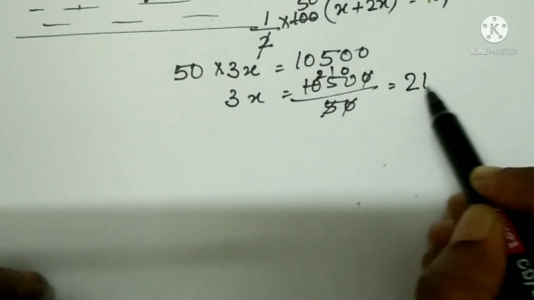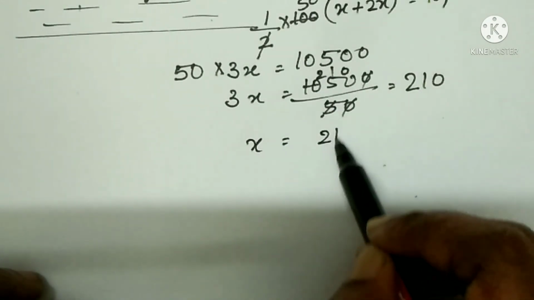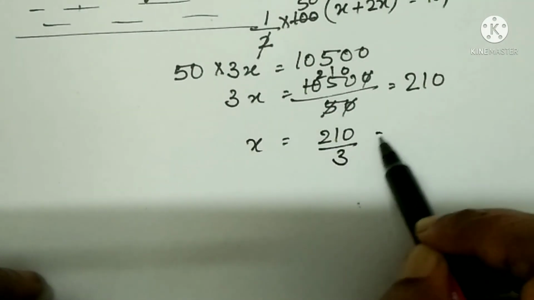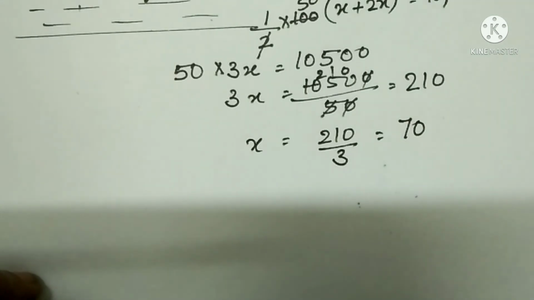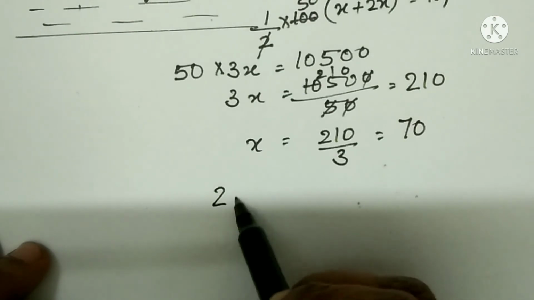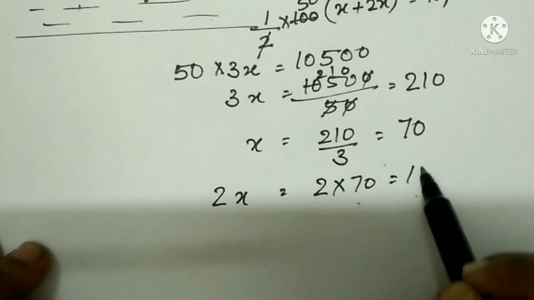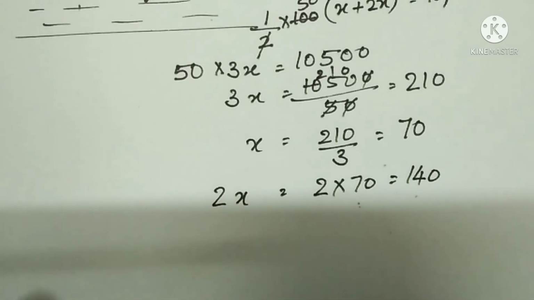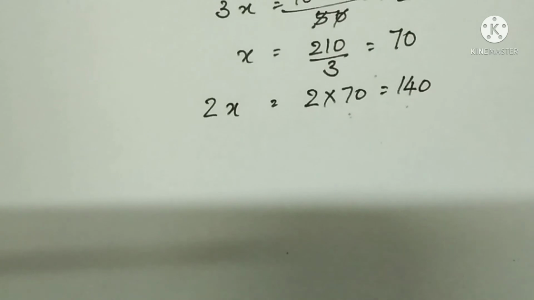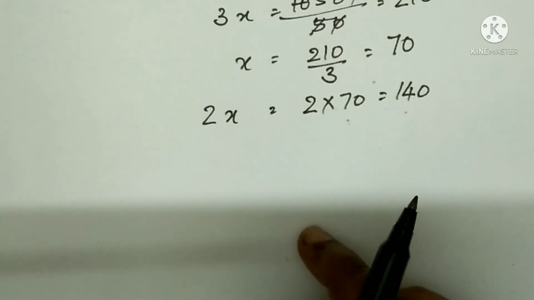So you got 210. Again x is equal to 210 upon 3, that is 70. Okay, so if x is 70, what is 2x? 2x is equal to 2 into 70, that is 140. So you got both the lengths, that is along the road as well as along the river.